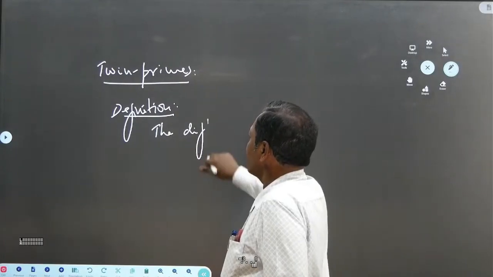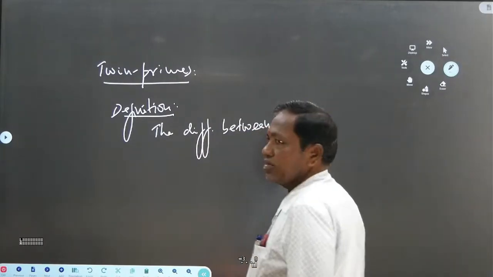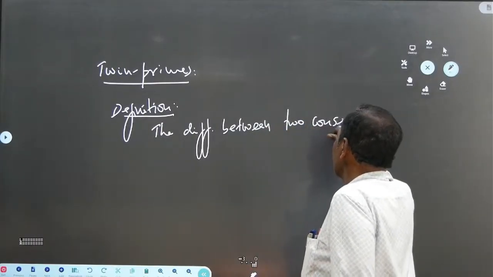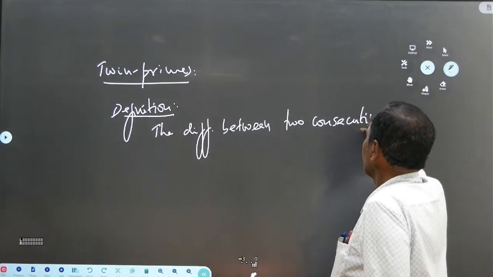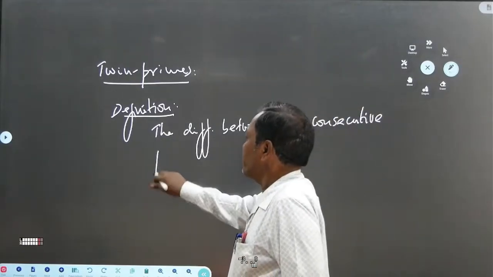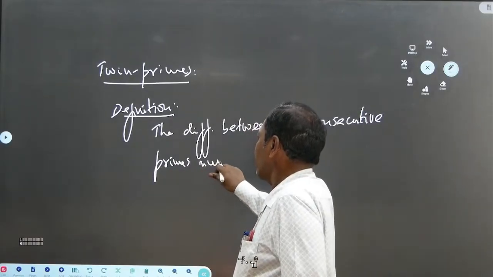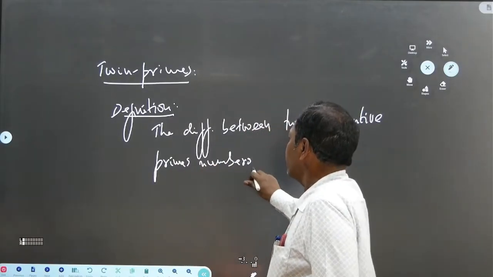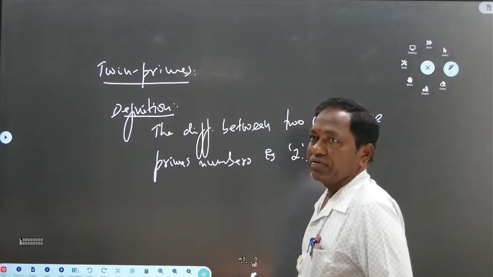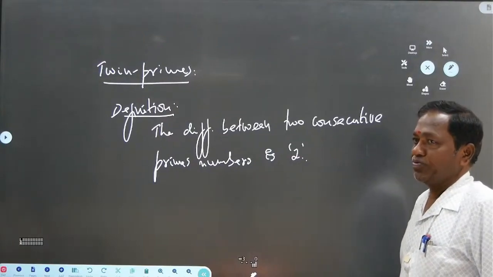The difference between two consecutive prime numbers is 2.